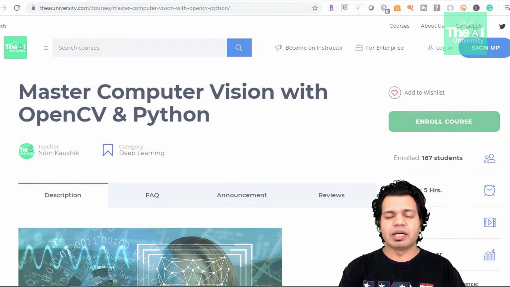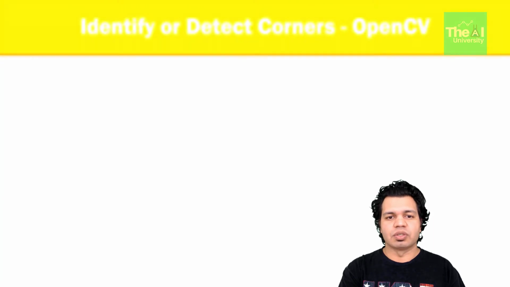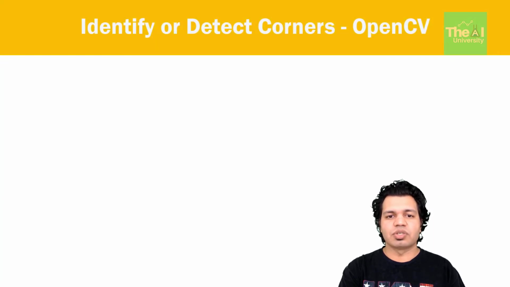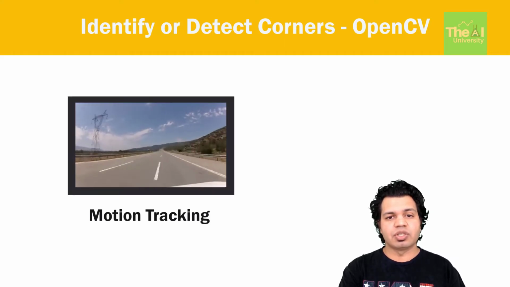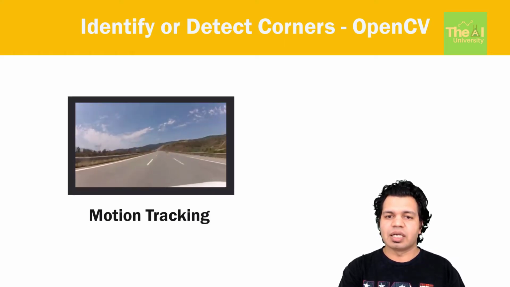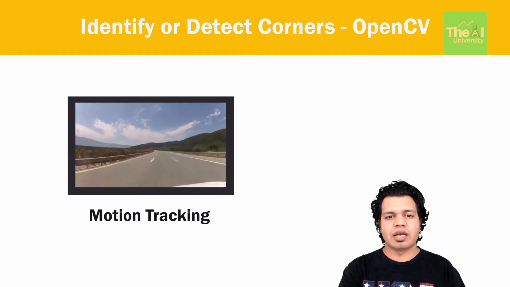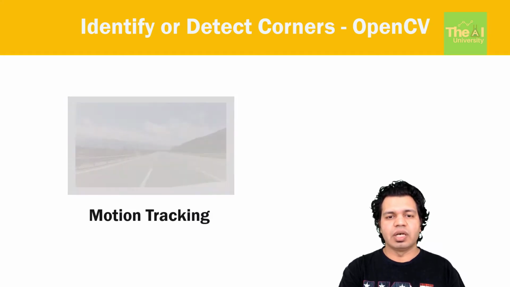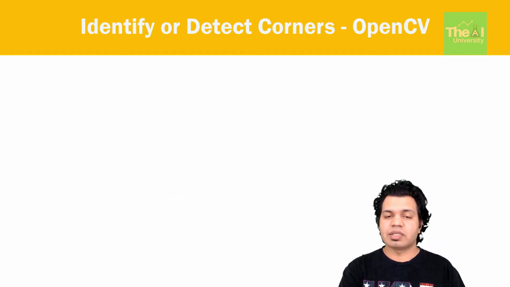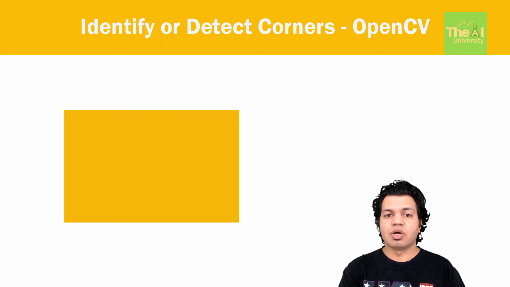So what is the need of identifying corners in computer vision? Well, there are various usages of it, for example, motion tracking, three-dimensional recreation of the object, etc. Let's take an example to explain how we identify corners. Let's say we have this rectangle image of which we want to find the corners.